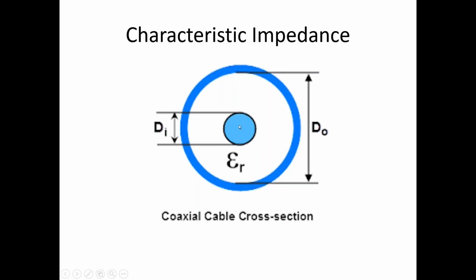To go back to something that we've already mentioned, inductance is going to be in this wire. Here's a wire, here's a wire. What's in between? A capacitor. So the characteristic impedance is really a relationship between the inductance in this wire and the capacitance that is in between the two wires.